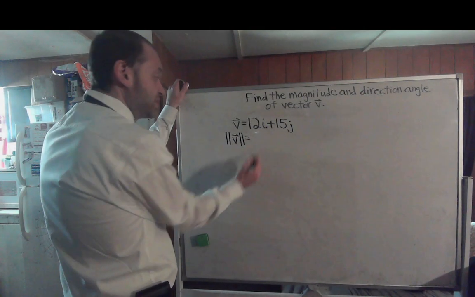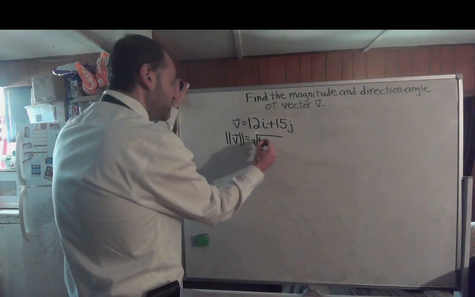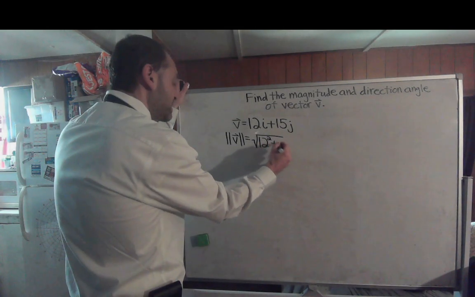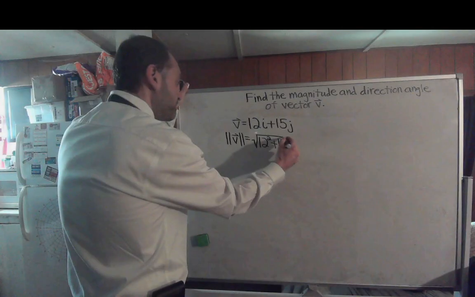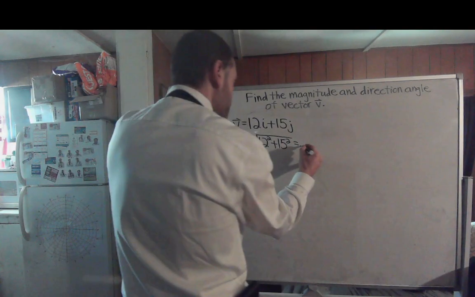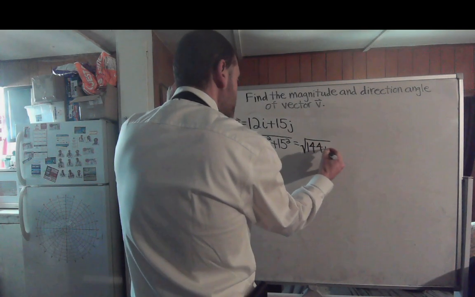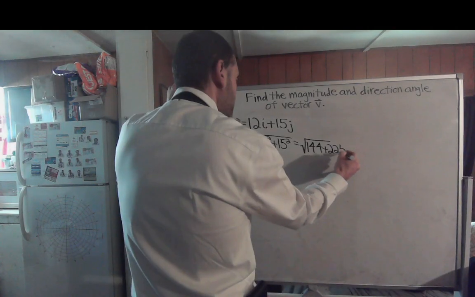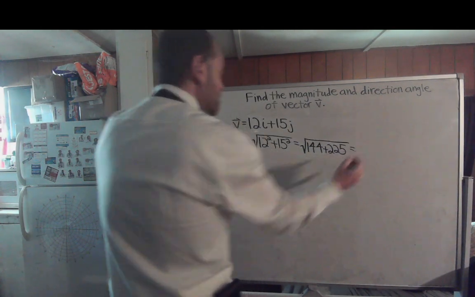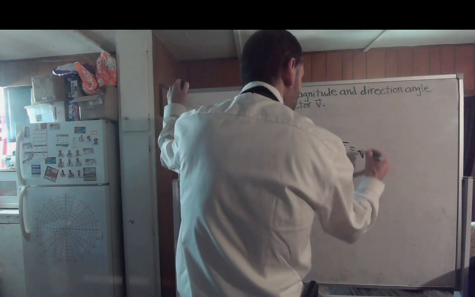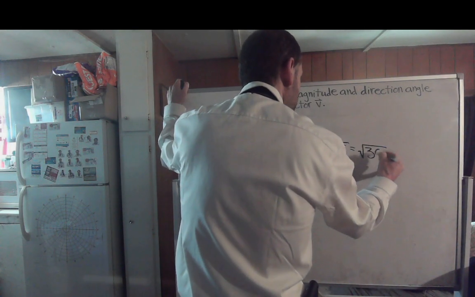Well, that's going to end up being the square root of 12 squared plus 15 squared, which would equal the square root of 144 plus 225, which would end up giving you the square root of 369.